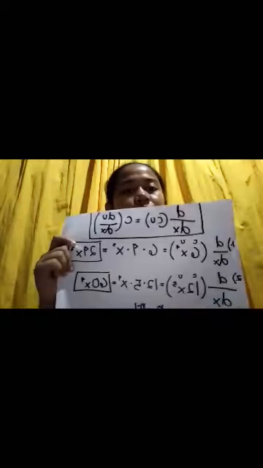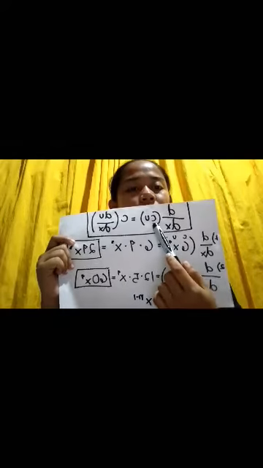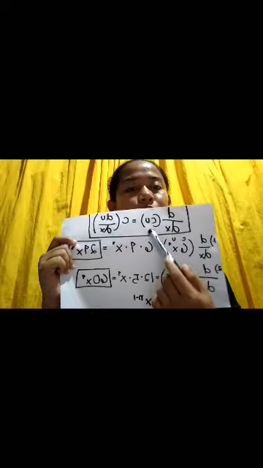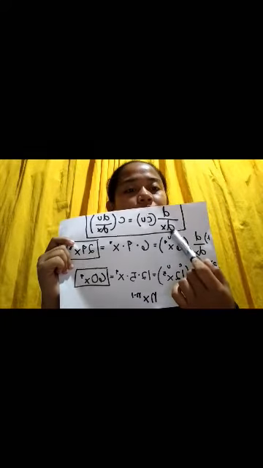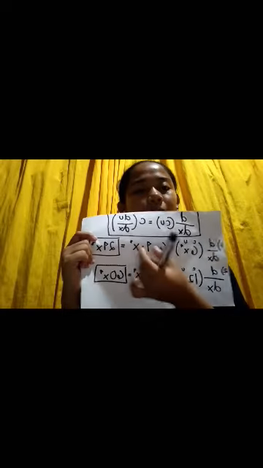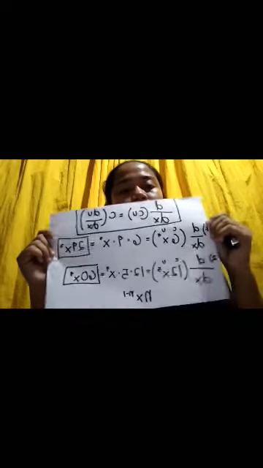So, let's go to our third formula. We have here constant c and function g. I-derive lang natin siya with respect to x. So, kakopy lang natin yung constant, then i-derive lang natin yung function. So, let's go to our first example.